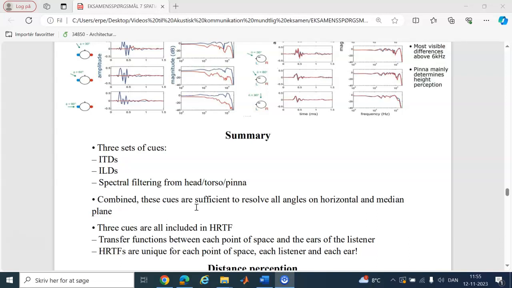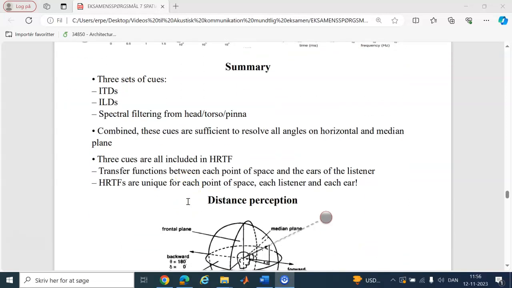Three cues are all included in head-related transfer function. Transfer functions between each point of space and the ears of the listener. HRTFs are unique for each point of space, each listener, and each ear.